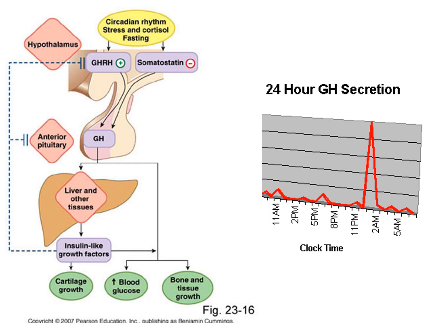Okay, another thing that controls growth hormone secretion is a circadian rhythm, which is kind of interesting. If you look at our time frame over here on the right, you notice that there is a spike in growth hormone secretion late at night, and there's a clock in our brain, in the hypothalamus, that actually controls that.